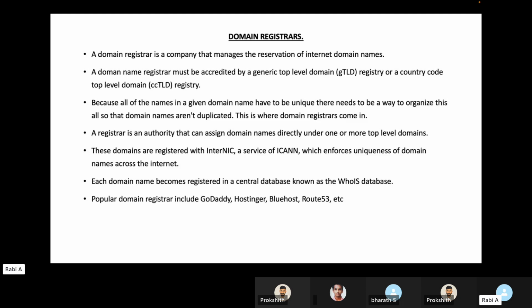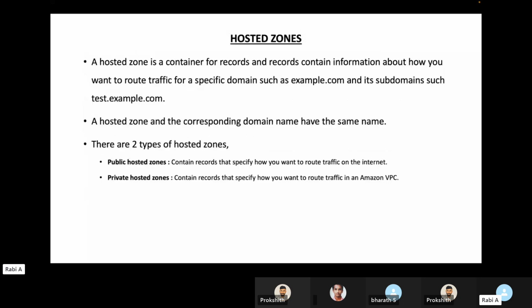Some of the popular domain registrars include GoDaddy, Bluehost, Hostinger, Route 53, etc. So there are lots of options available that you can choose from. Okay, so that's about your domain registration. If something is not clear, let me know. I will repeat it. But pretty much, that's what your DNS is.